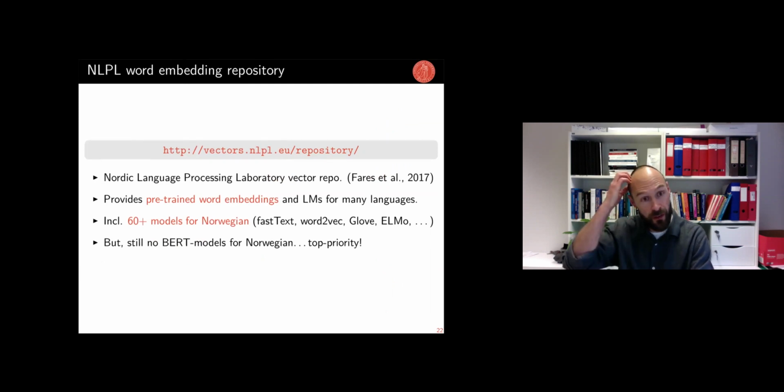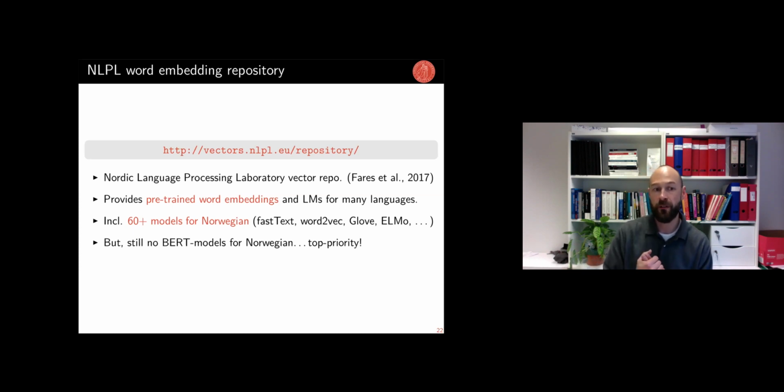Partly because of this, we have created something called the vector repositories. This is part of a project called NLPL, the Nordic Language Processing Laboratory, which is a cooperation between universities across all the Nordic countries. So here we store and make available pre-trained language models and word embedding vectors for a bunch of different architectures, different parameterizations, different dimensions and so on, for many different languages.